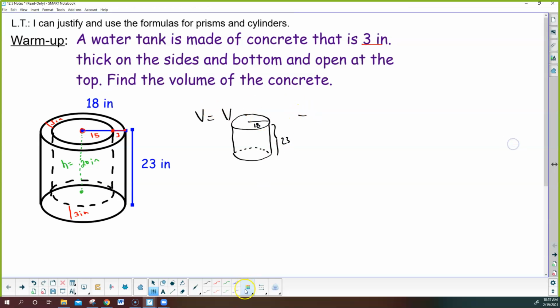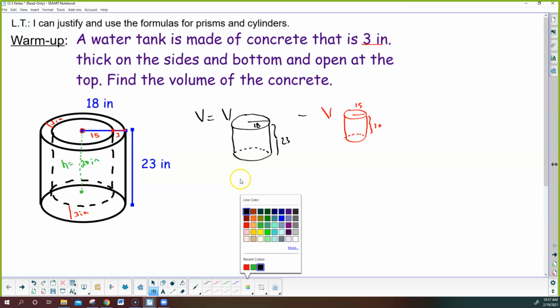And then what we're doing to that, we're actually taking away the volume of that slightly smaller cylinder that isn't as tall either. So its radius is 15 and its height is 20.